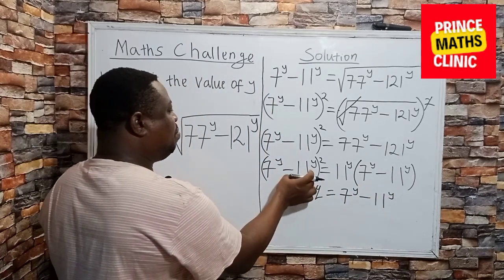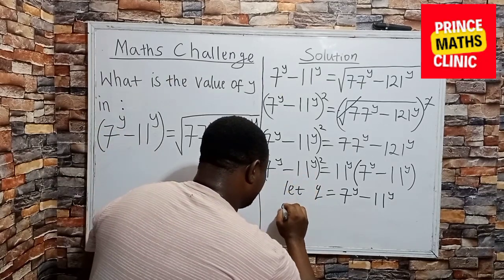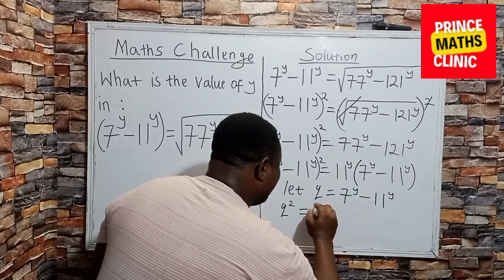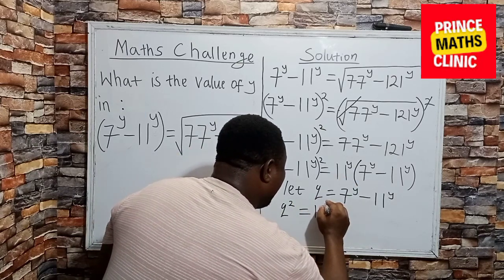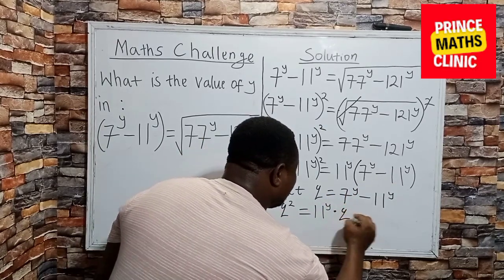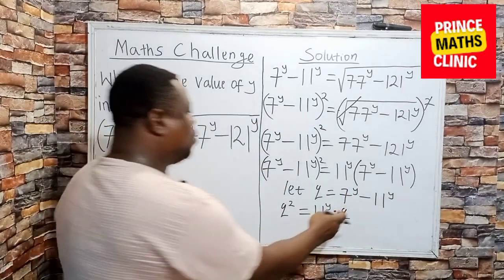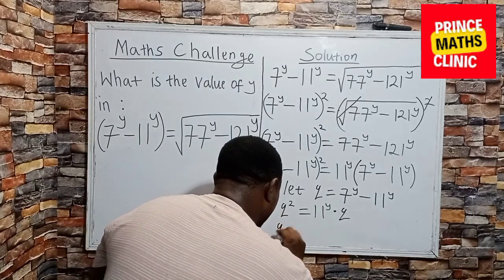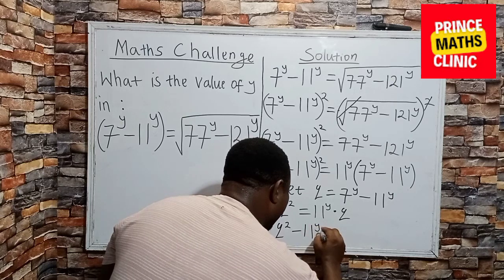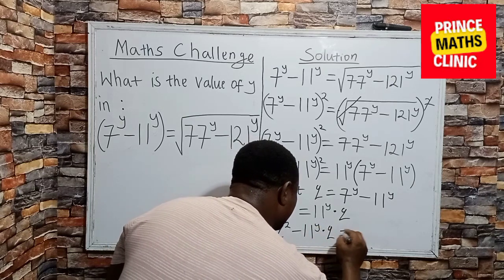So in place of this, I put q, it is squared, equal to 11 to the power of y times q.